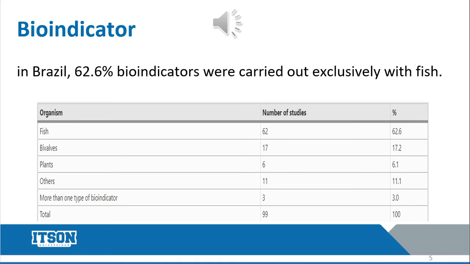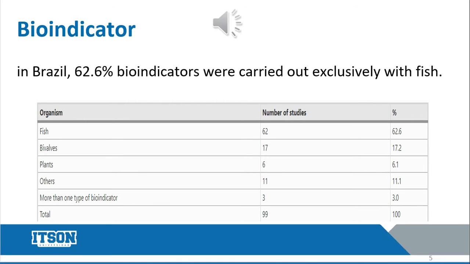From the bioindicators in Brazil, 62.6% of bioindicators were carried out exclusively with fish. On the table on this page, you can see the organism, the number of studies, and the percent.